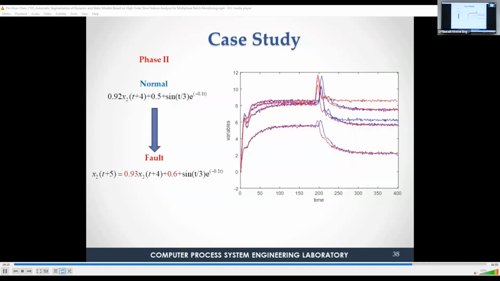A round of batches was made here, and the real dynamic relationship was adjusted. The blue line is the normal data, and the red line is the fault data. It can be found that the error starts in phase 2 and continues until the end.